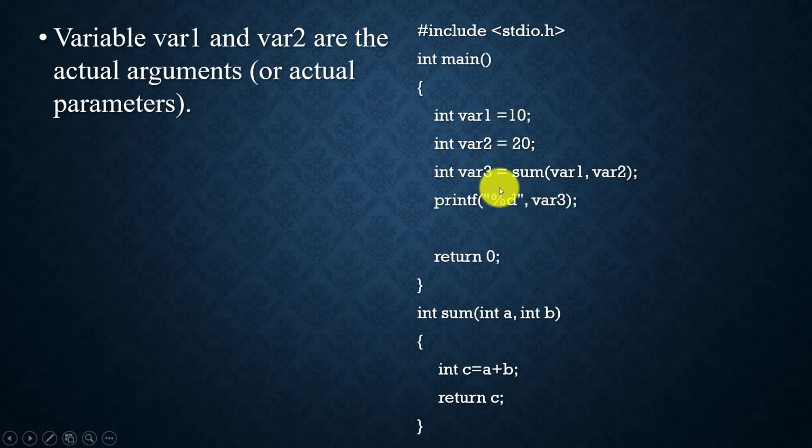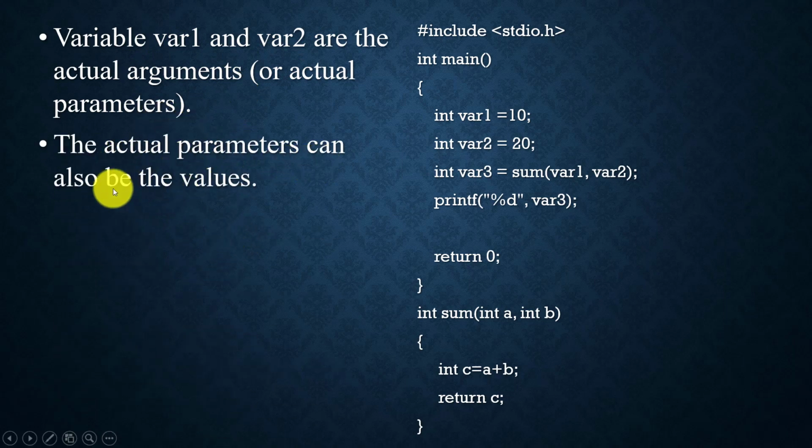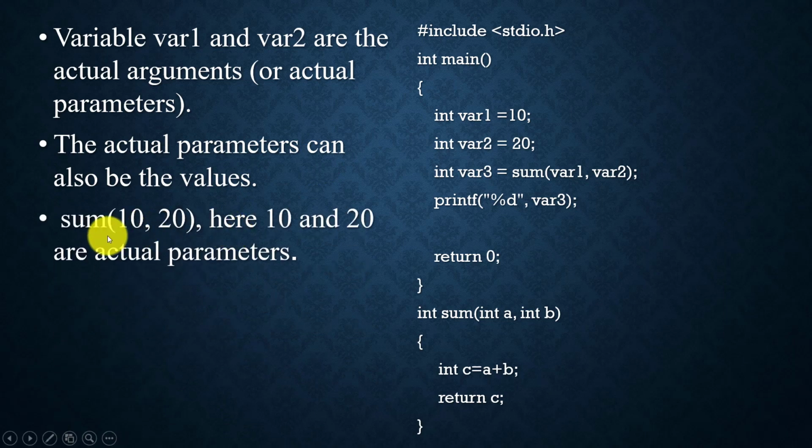Now here in this example we call by value, that is, it copies the actual value. Variable 1 and variable 2 are the actual arguments or actual parameters. The actual parameter can also be values.